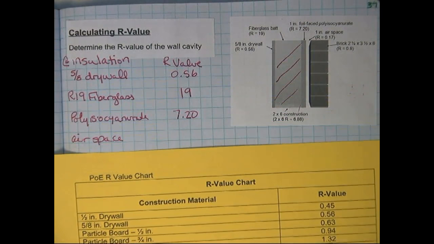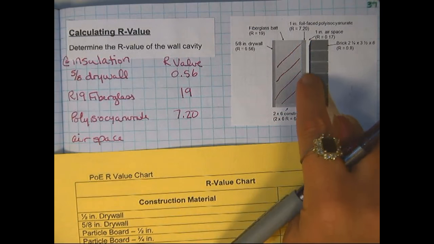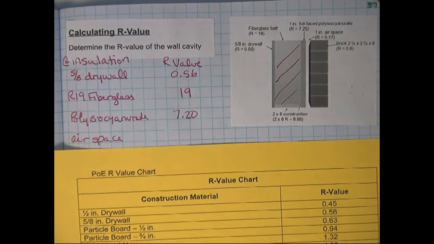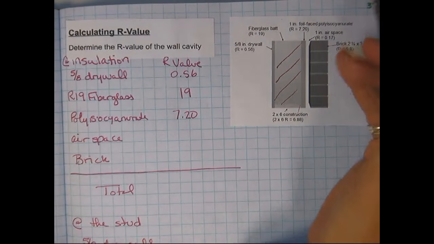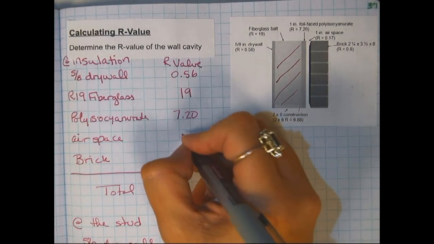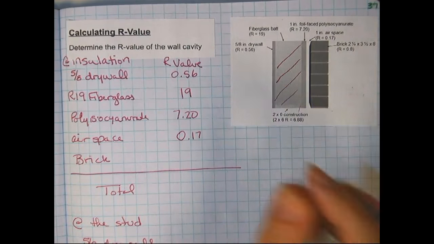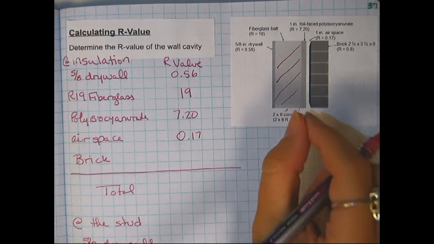Okay, our next item is we've got a little air gap here. The air gap is not on your chart, but it tells us for this little air gap we've got 0.17. And little air spaces do provide some insulation.